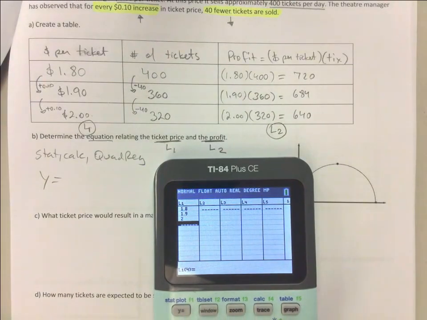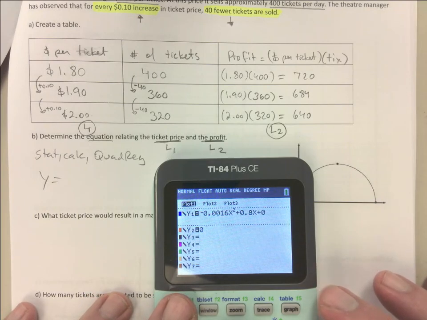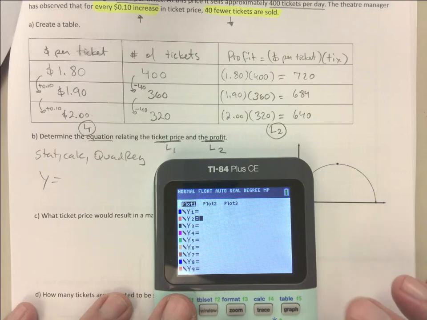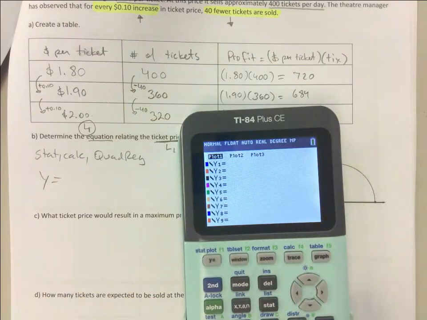I'm going to talk about that later. It's not a problem for the calculator, but you may not see it at first. So I enter that. A cool thing, I'll show you, I'm going to go to my y equals.